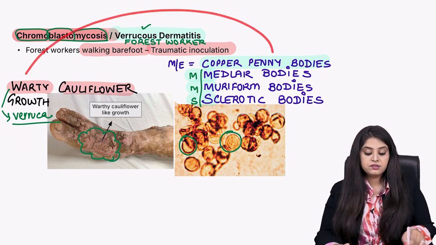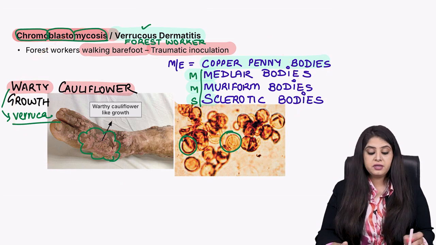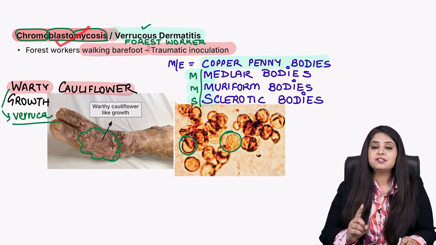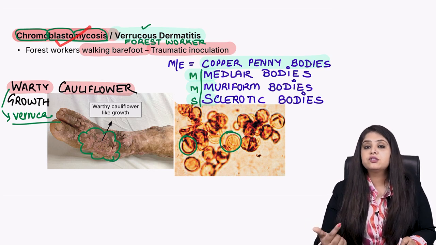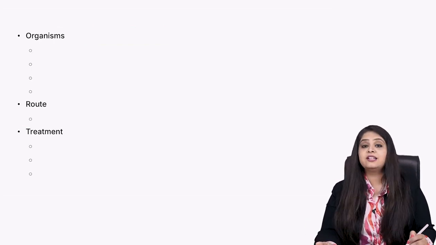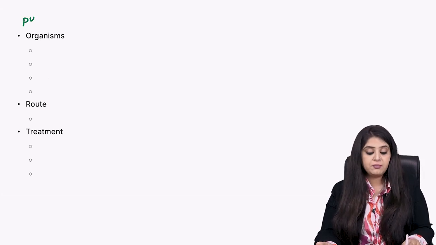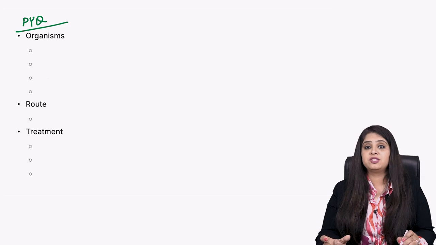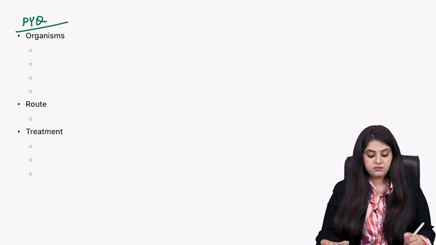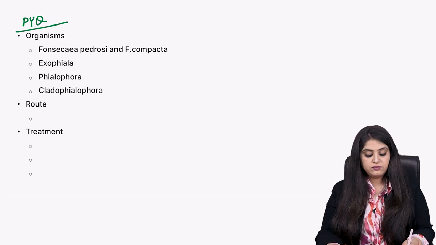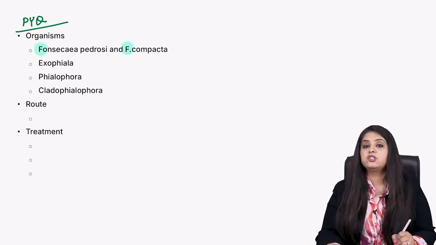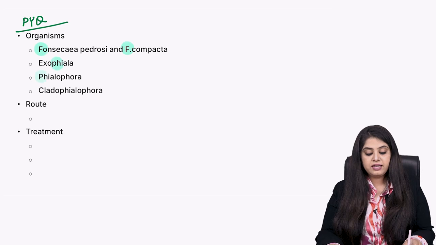I've taught you the entire story, but I don't know how many of you guessed up till now. I only told you the name of the disease. What is the name of the fungus which is causing chromoblastomycosis? And that's what was asked in the INI-CET exam, even in NEET PG, and it's the toughest question because the list of the organisms is very scary. If I read, it is Fonsecaea pedrosoi, Fonsecaea compacta, Exophiala, Phialophora, Cladophialophora.